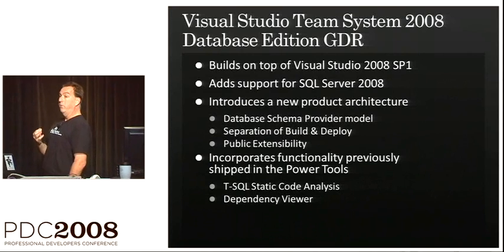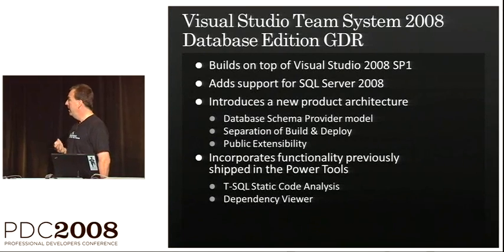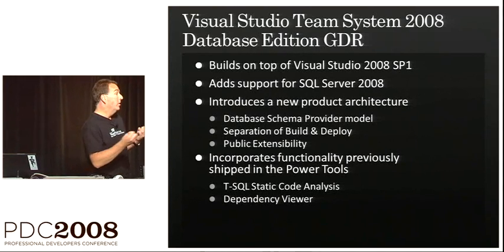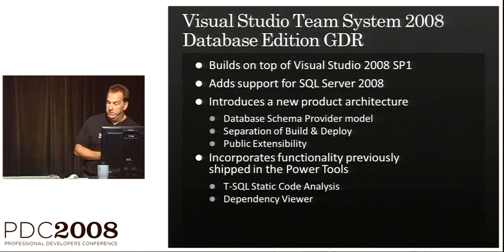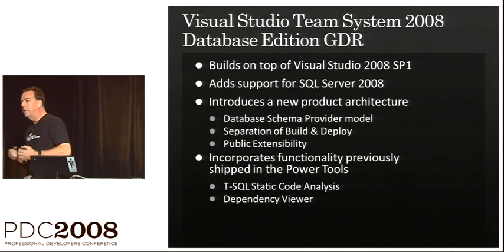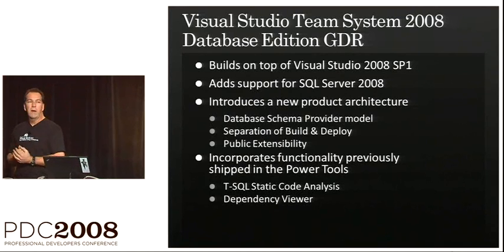As you might know, we have been shipping Power Tools over the last couple of years. Based on the feedback from you users, we decided which ones became features and which did not. For example, T-SQL static code analysis was widely received by you guys. The biggest question was, how can we write our own rules?